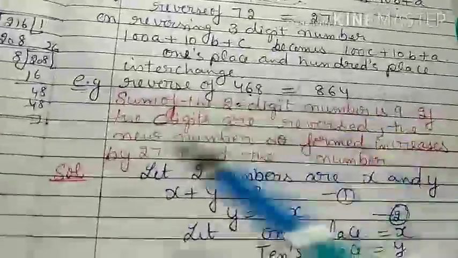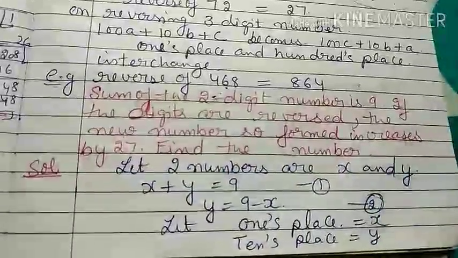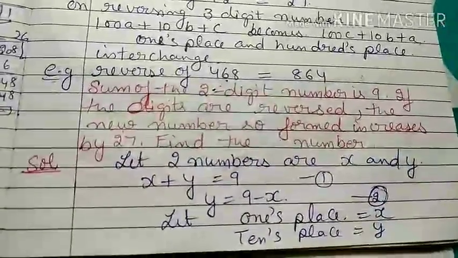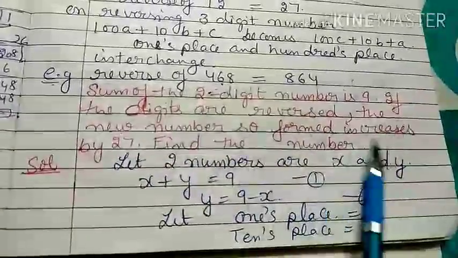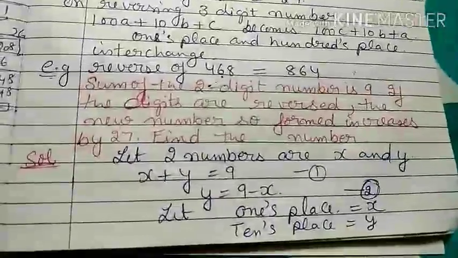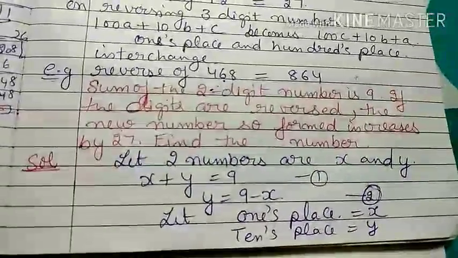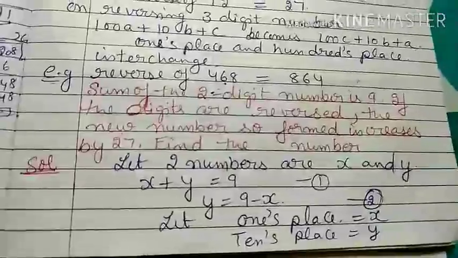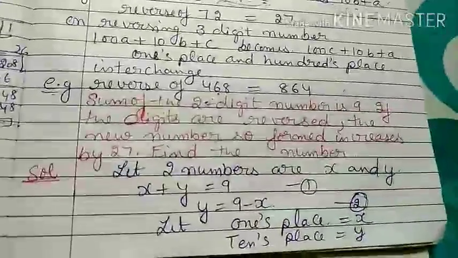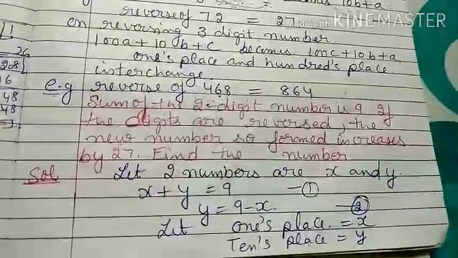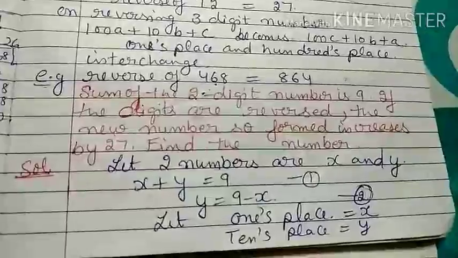Suppose in this case I have a question: the sum of the digits of a 2-digit number is 9. If the digits are reversed, the new number so formed increases by 27. Ultimately my question is, if I have a 2-digit number, in place of ones there is one digit, and in place of tens there is another digit, what will be that number?